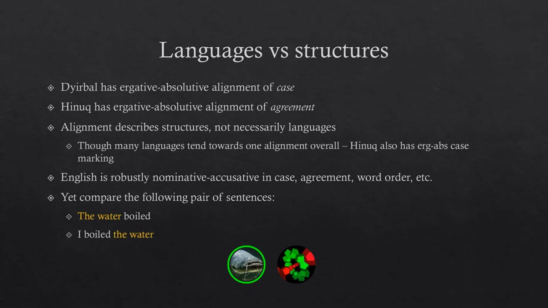When you have a subject, the thing is undergoing the process, and when you add an agent, that agent causes the process, and the thing that was the subject is now the patient. So even though English is mostly nominative accusative, you do get stuff like this.